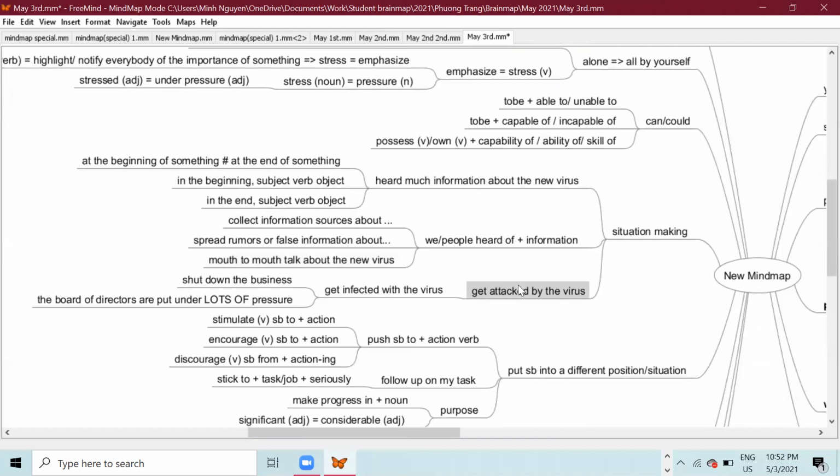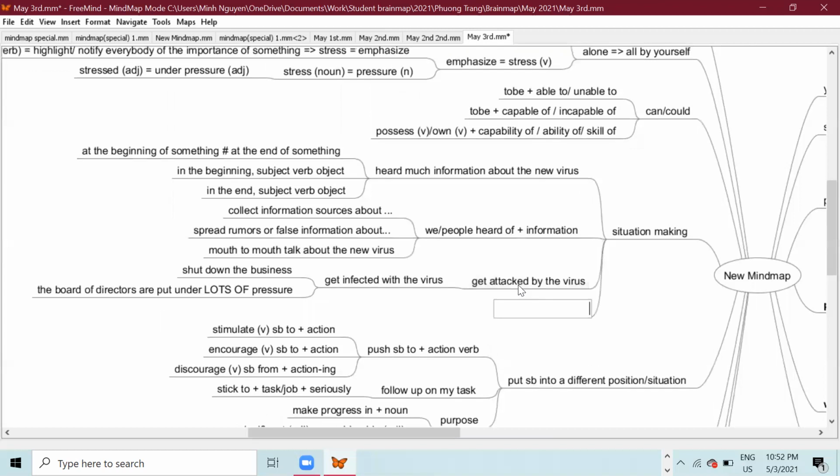You say that we attack by the virus. No, we have the normal ways of speaking English. The normal way of speaking English here is that I attack. You can say that I attack other people by doing something.